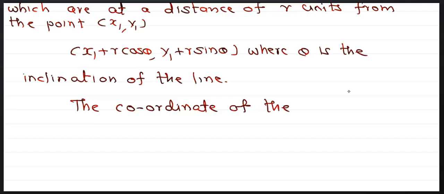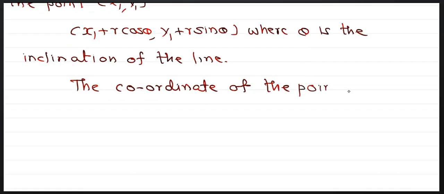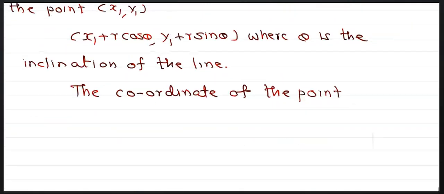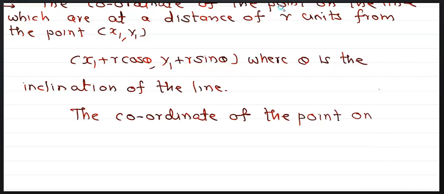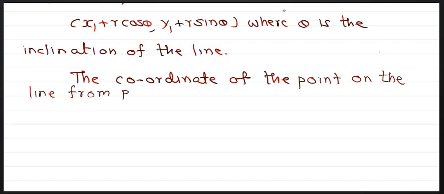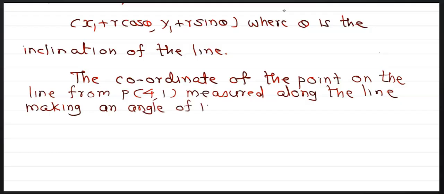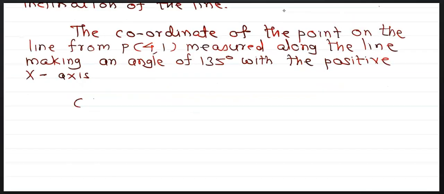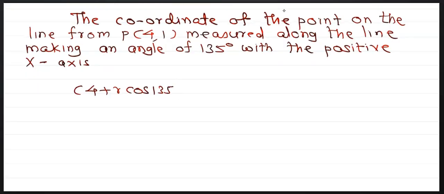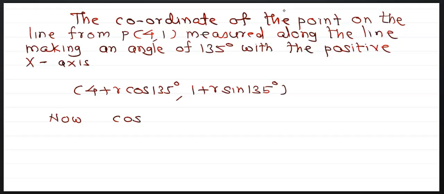The coordinates of the point on the line from P(4, 1) measured along the line, making an angle of 135 degrees with the positive x-axis, are (4 + r cos theta, 1 + r sin theta), where theta is 135 degrees.